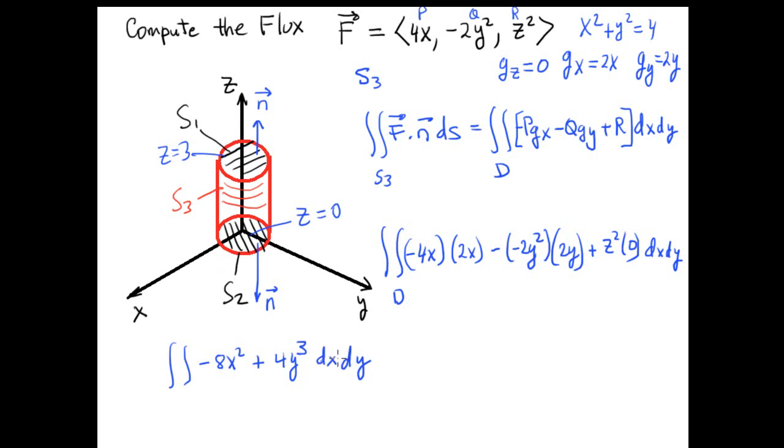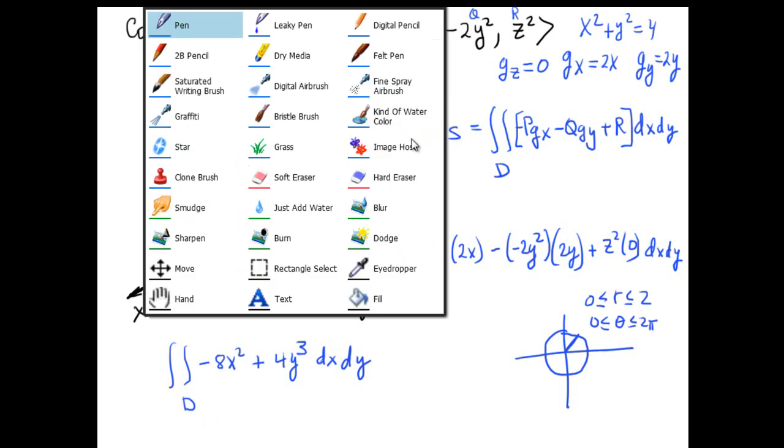But the domain for this double integral is the shadow, and the shadow in this case is the circle with radius 2. So in this case it's much better to work this double integral in polar. So r varies from 0 to 2 and theta varies from 0 to pi. We change this to polar in order to compute the double integral.